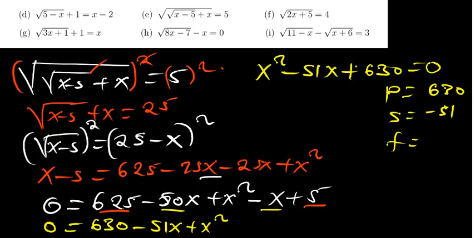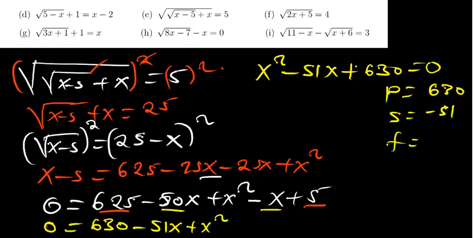If you're having challenges on how to find the factors, you can just be using the long division. But anyway, here we can find the factors. What will be our factors? Anyone?